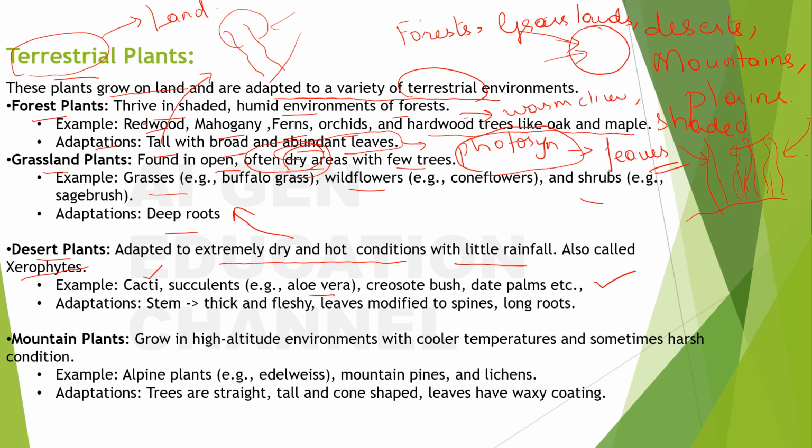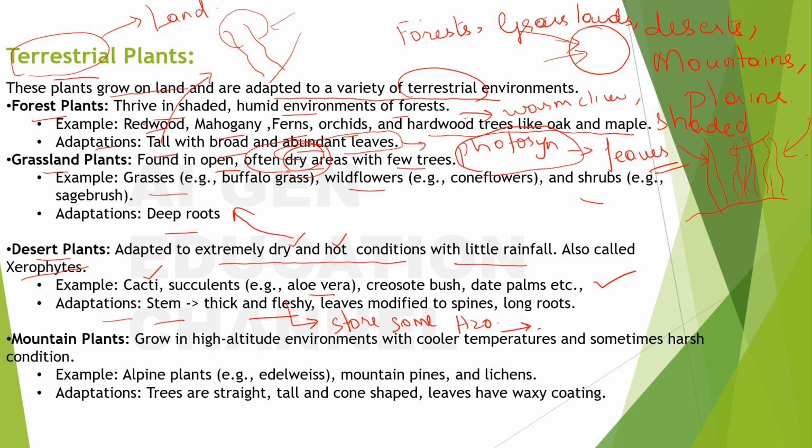Okay, adaptations. What are the adaptations? Their stem will be thick and fleshy. Right, now just think, why will their stem be thick and fleshy? As I said, it's very hot, it's very dry, so the plants there have to store some water, right? So nature has made them do this using their thick and fleshy stems.